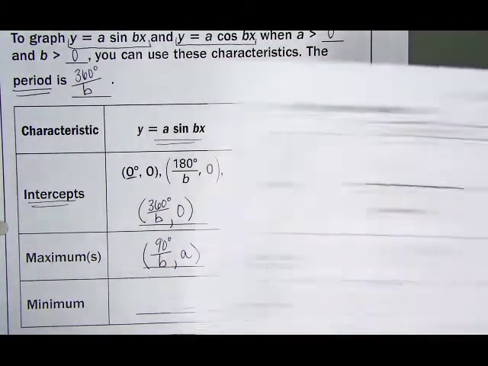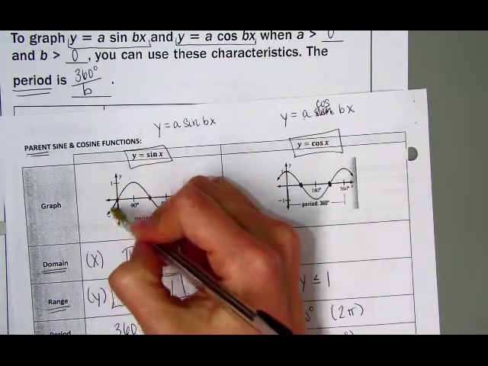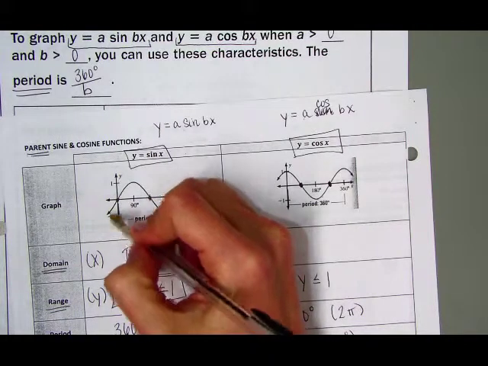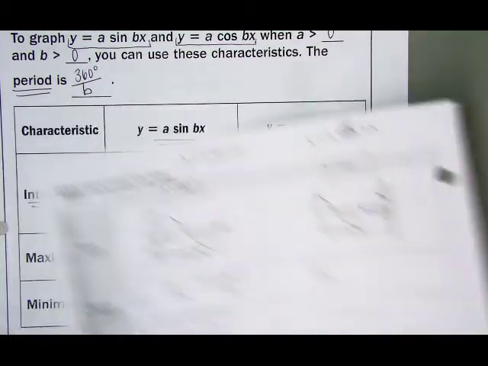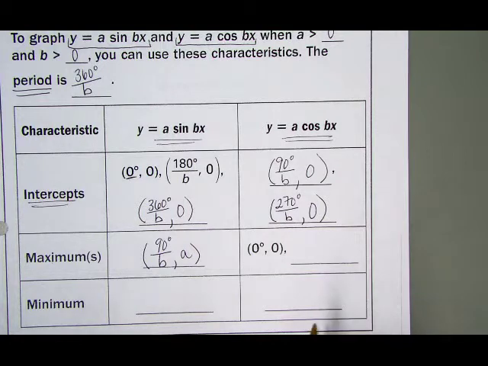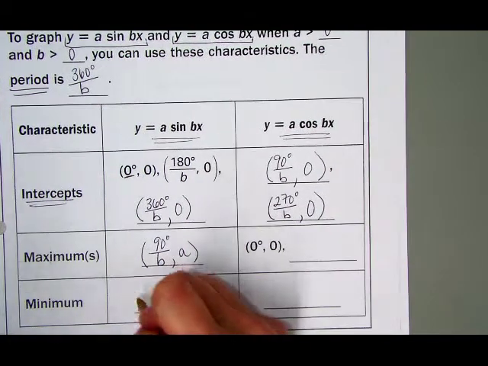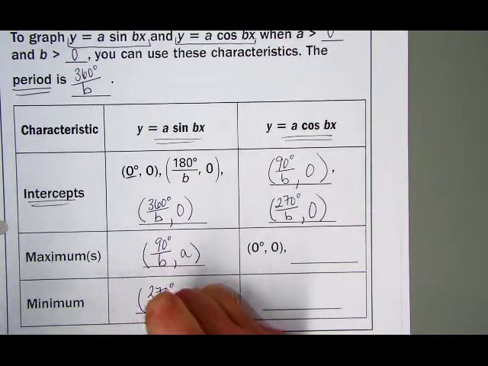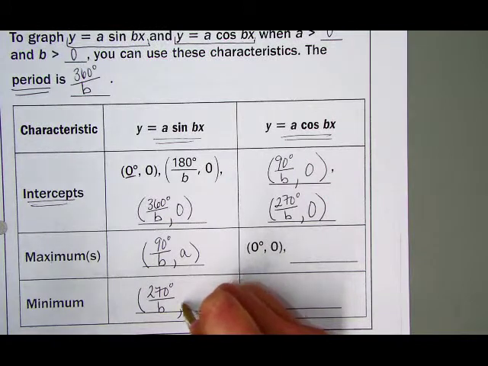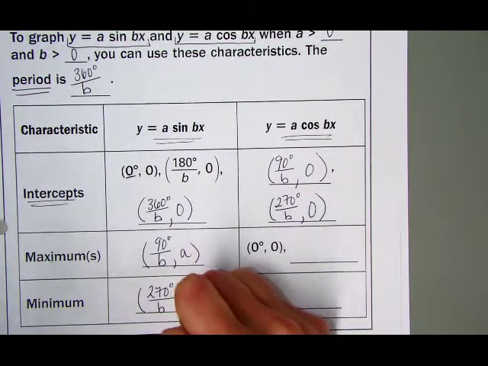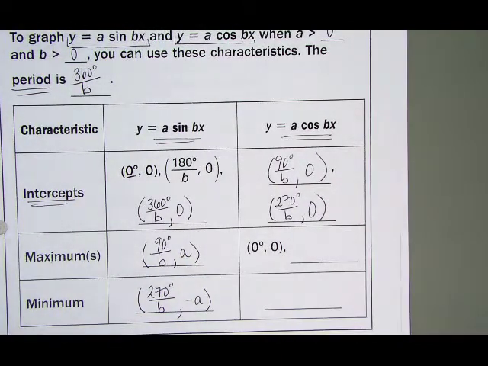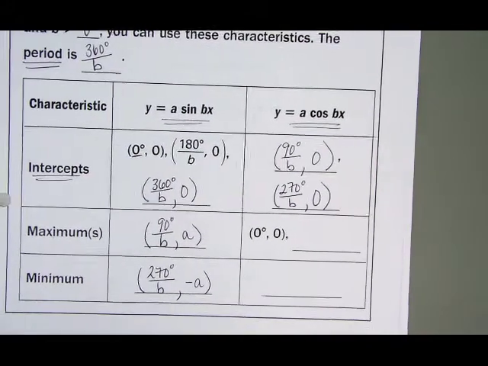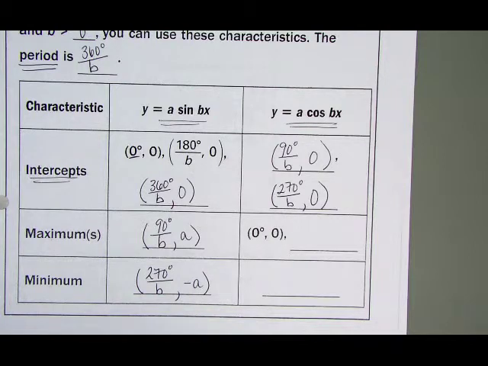We'll talk a little bit about what that means, but our a value is going to be our values along the y-axis. It's what we call our amplitude, but we'll talk about that shortly as well. Our minimum for sine, if you look at your graph again, happens at 270 degrees. If we divide that by b, then since it's our minimum, it's going to be negative a as our ordered pair. It'll become a lot easier in a couple minutes when we start using this as an example.